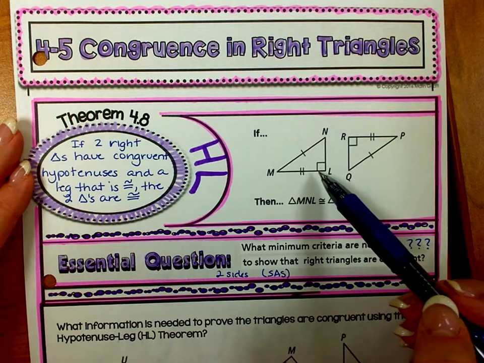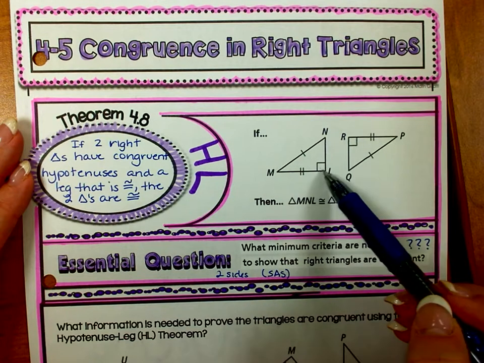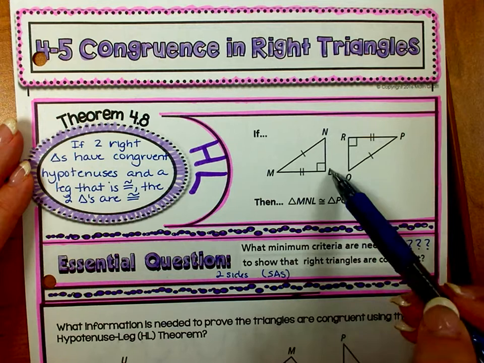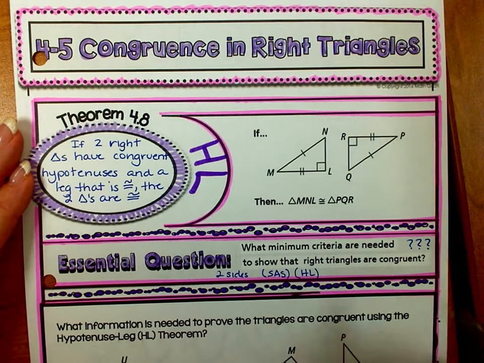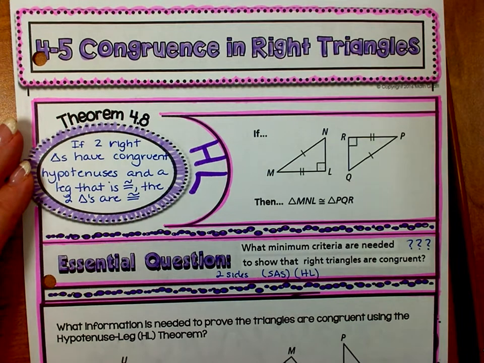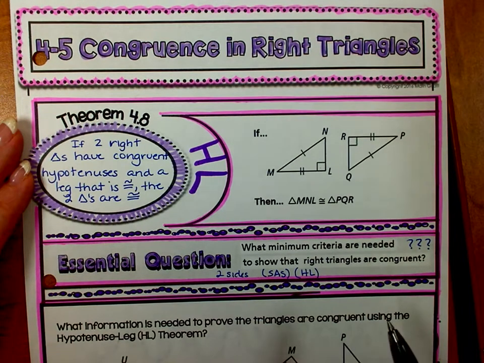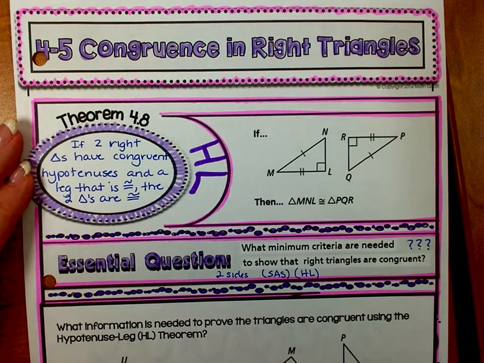If the two sides are the hypotenuse and one of the legs, and it can be either one of them, then you can show HL. So the minimum number of things that you need to know about two right triangles is two of the sides that are congruent.